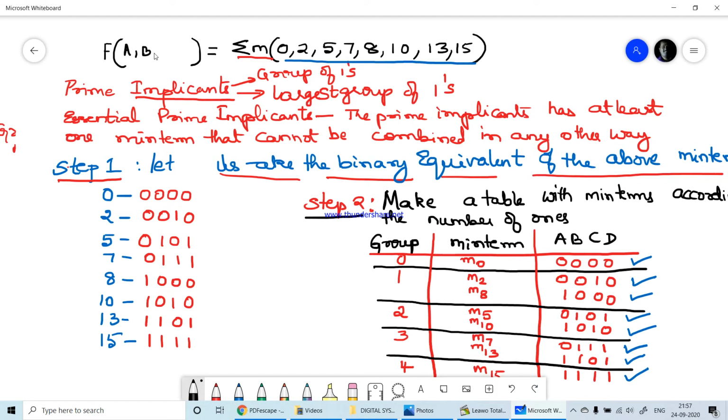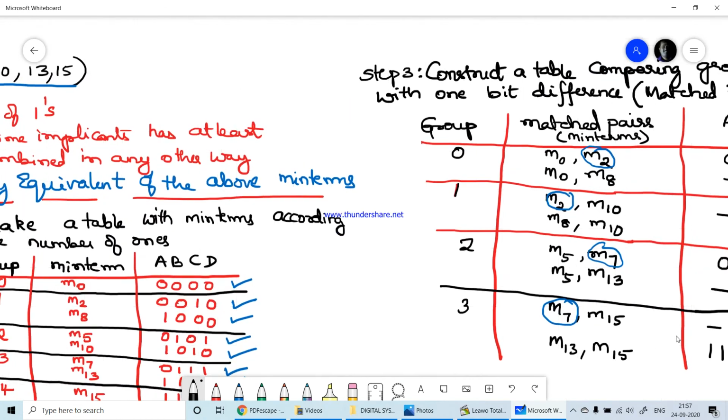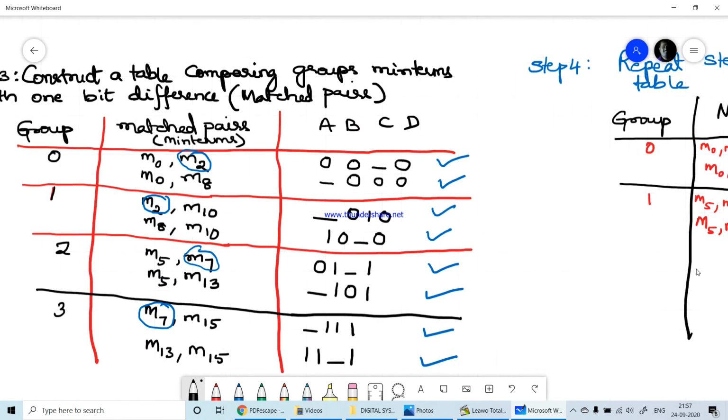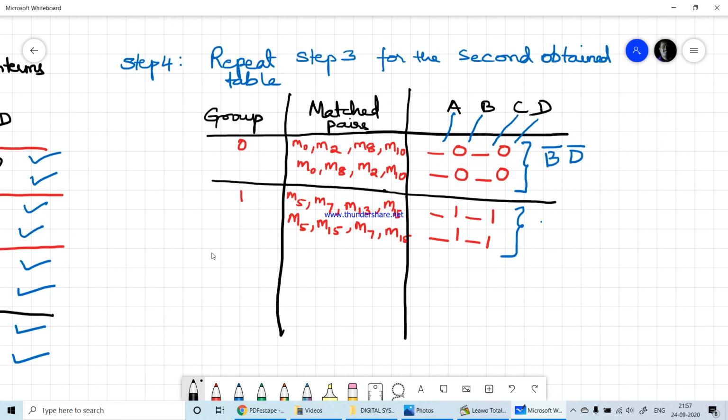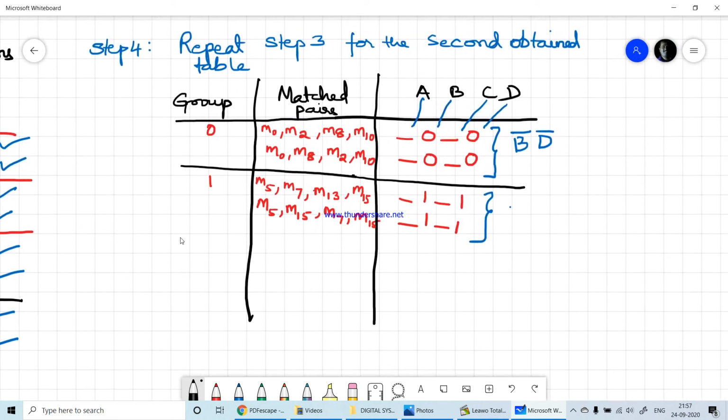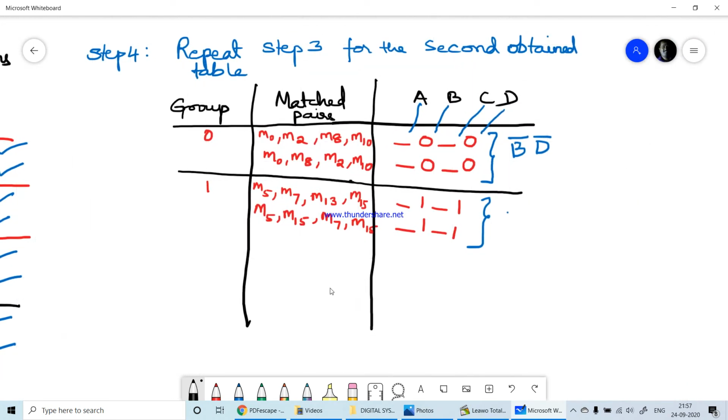So I'll just change it from PQRS to ABCD because I've used ABCD in all tables. So when I name it as ABCD, I'll get B bar, D bar, and this I will get as BD.